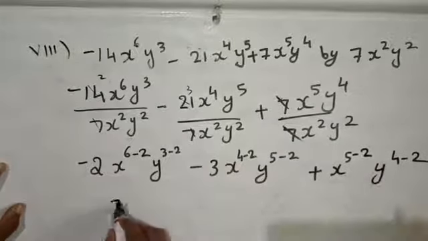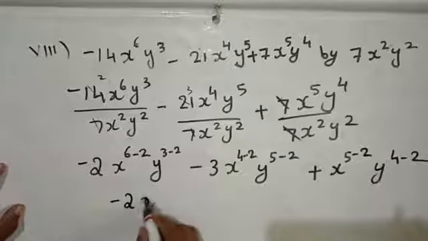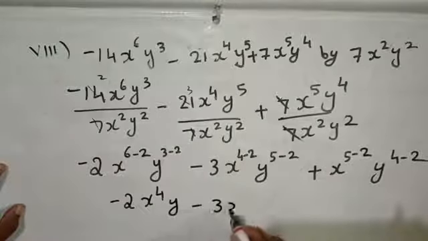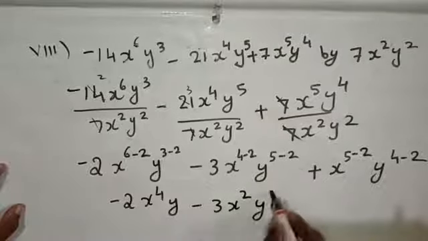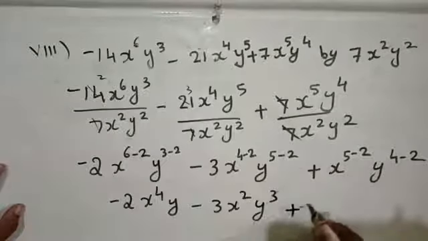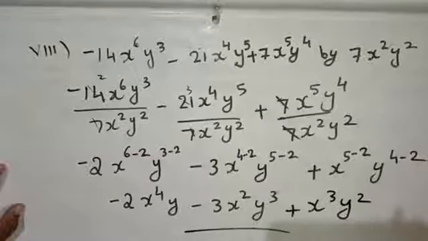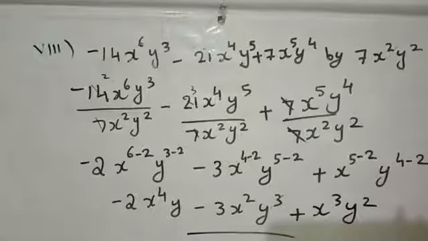That is minus 2 x raised to 4 y raised to 1, minus 3x square y raised to 3. 5 minus 2 is 3, you know, plus x raised to 5 minus 2, 3, 4 minus 2, 2. This is the answer: minus 2 x raised to 4 y minus 3x raised to 2 y raised to 3 plus x cube y square. This is the answer. Okay. See that one.